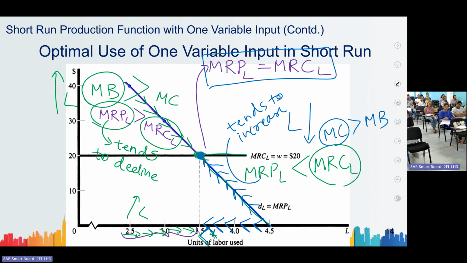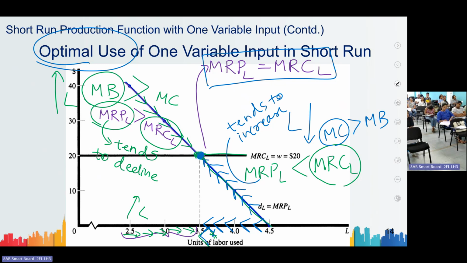The firm will not increase its labor input. Also, the firm will not decrease its labor input. The firm has come to the optimum level of labor. That is why it is called the optimum level or the optimum use of labor.